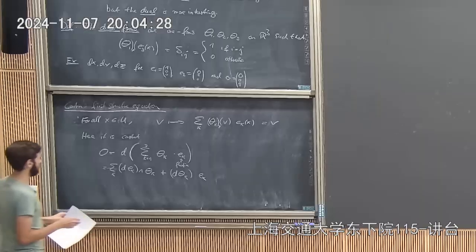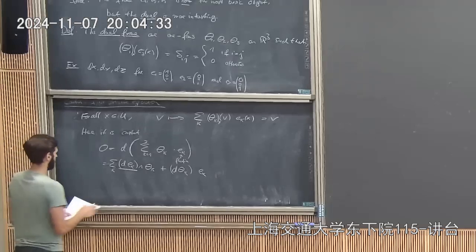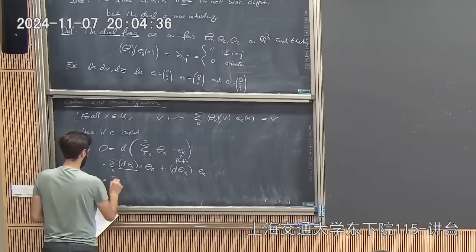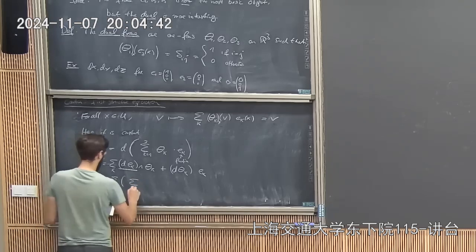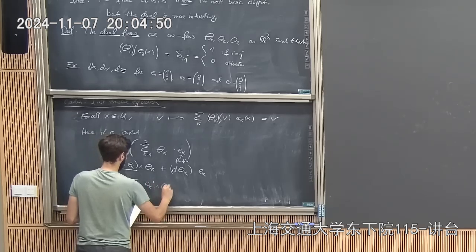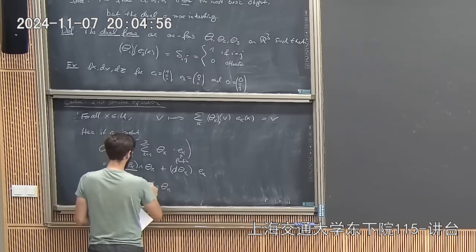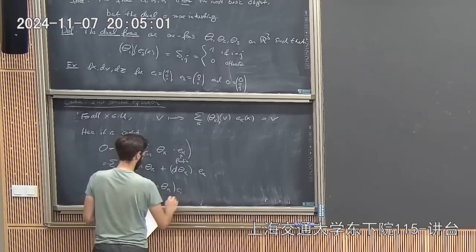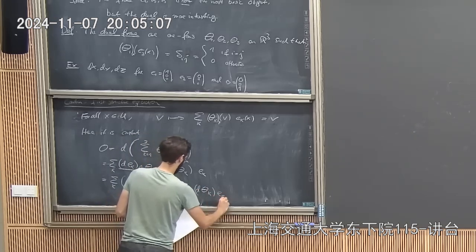So we would now like to use the structure equation for this term. We can write this as the sum over k, the sum over i, of omega_ki wedge theta_k, everything times e_i, plus e_k d theta_k.